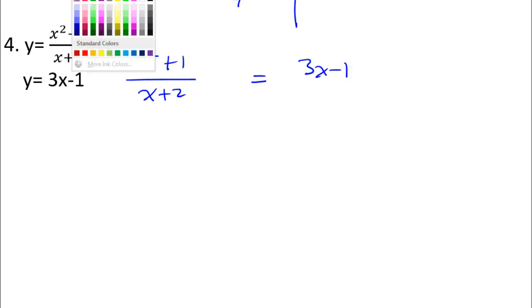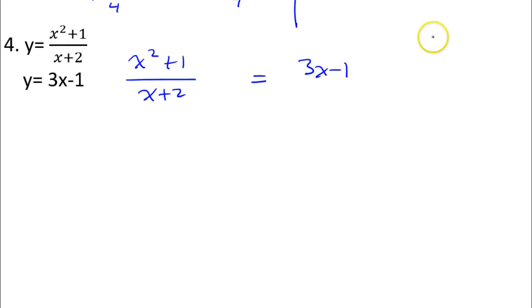Right now, we might as well go ahead and say what the excluded values are. Alright, the only denominator I see is x plus 2. So therefore, x cannot equal negative 2. Keep this in mind. Can't divide by 0. Now, let's make the denominators the same.